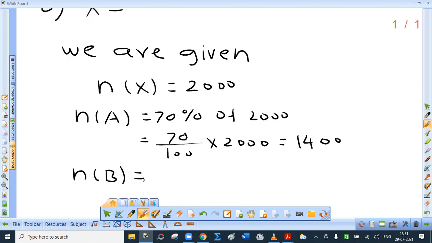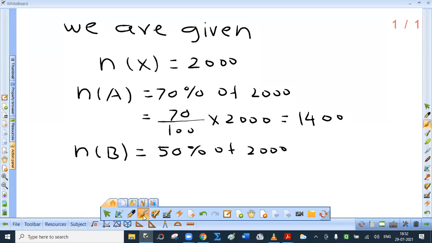SSC students have done this part, I'm sure, in 9th or 10th standard. 50% of 2000. CBSE students are saying that they haven't done sets. It's surprising. So 50 upon 100 multiplied by 2000. So this is 1000.